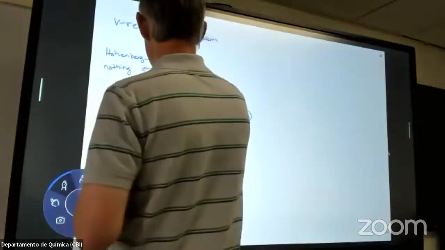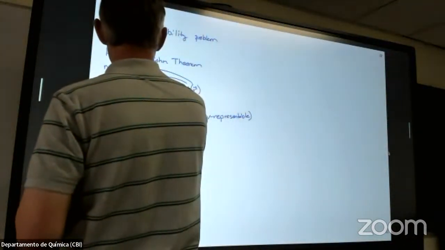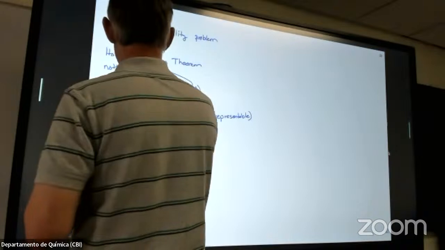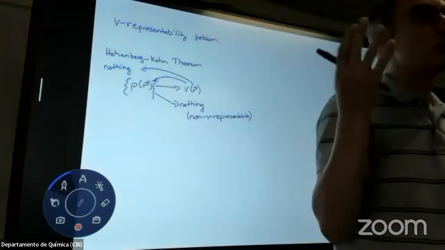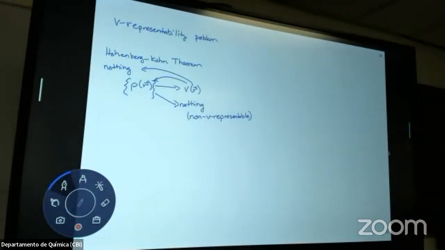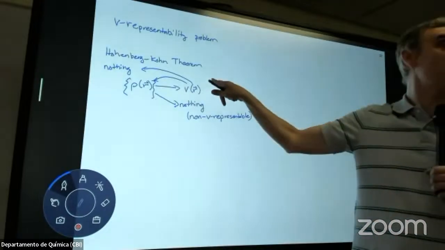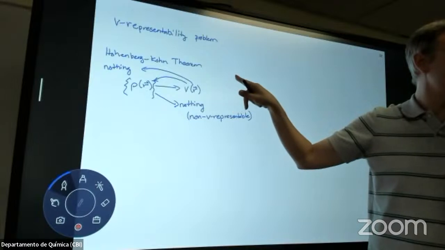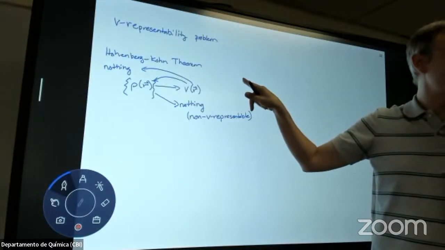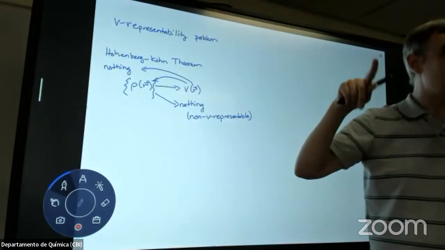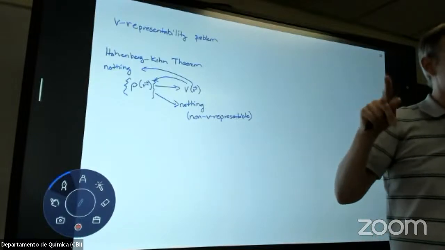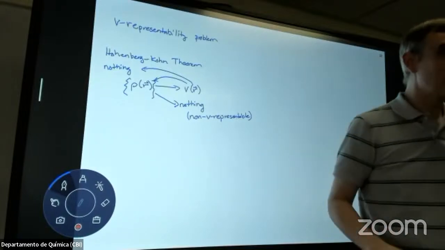Or V could go with potentially a set of densities, right? Because you can have a degenerate ground state. So a potential can have many different densities, but every one of those densities goes with only one V, right? So, a subtle point: Alberto, Jose Luis, and Marco got into trouble with a referee who did not believe this, right?